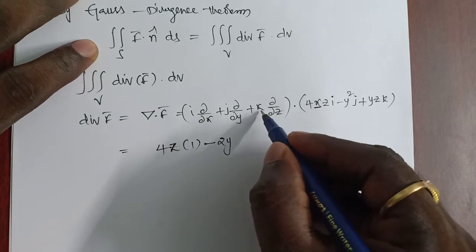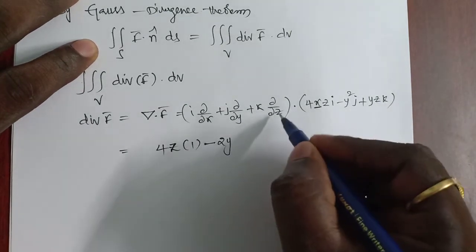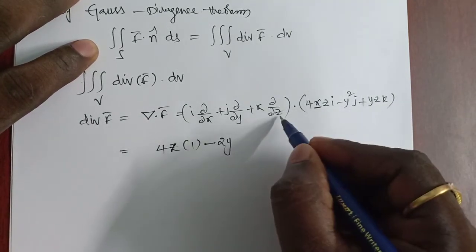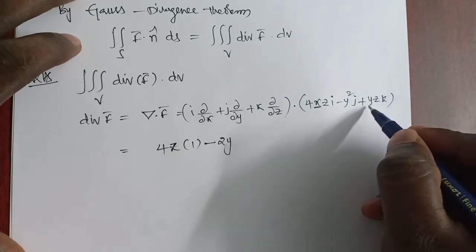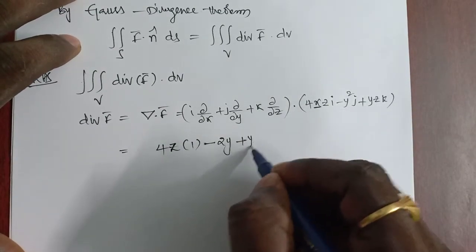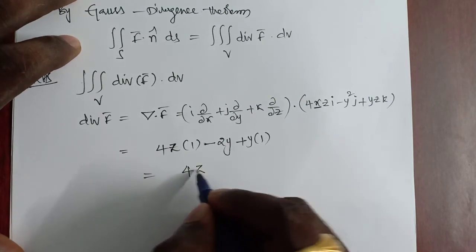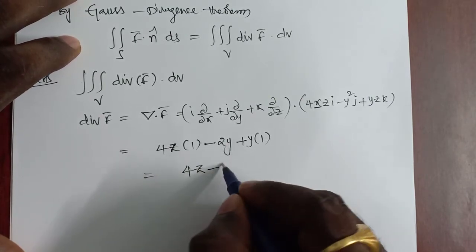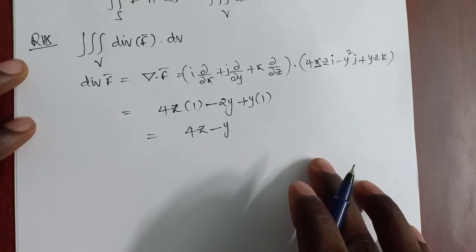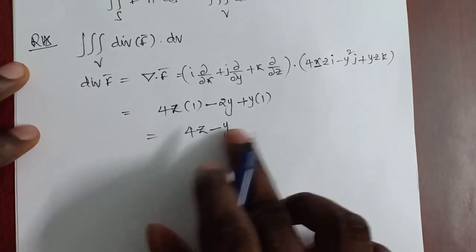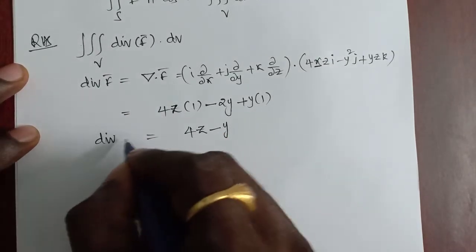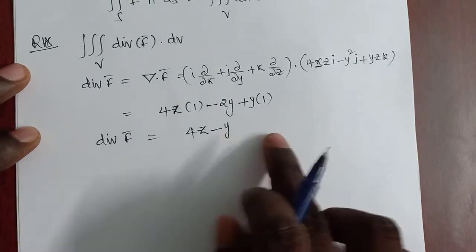And finally k dot k is 1, so dou by dou z of yz. If you want to differentiate with respect to z, treat y as a constant, so plus y into 1. So 4z minus 2y plus y is what? Minus y. So now divergence of f bar is ready, 4z minus y.